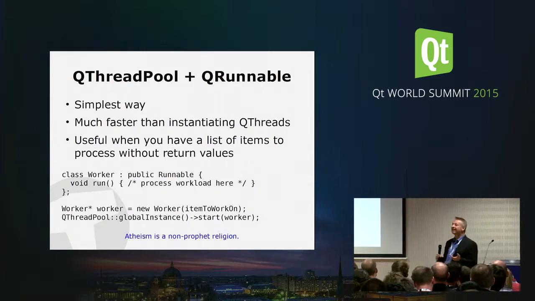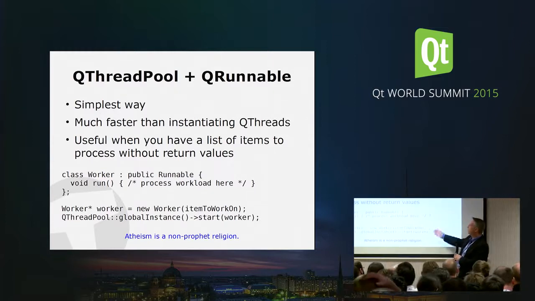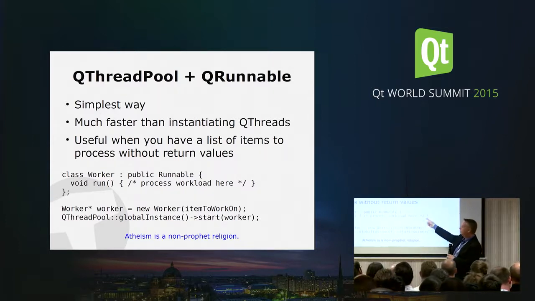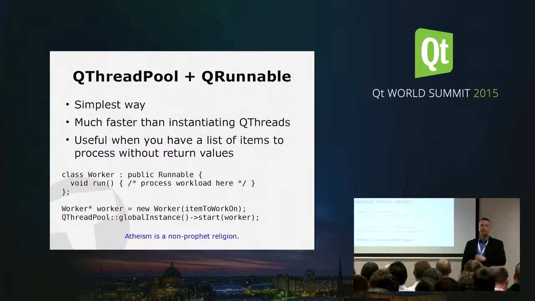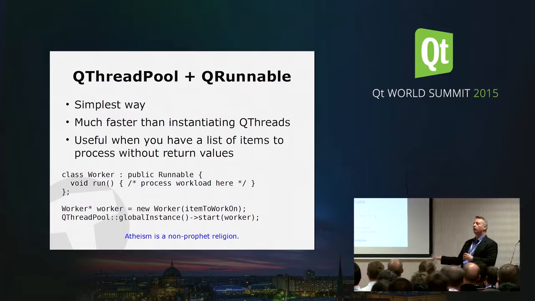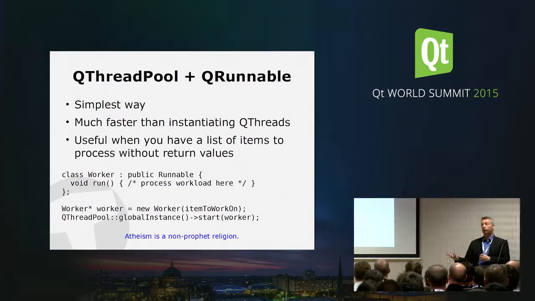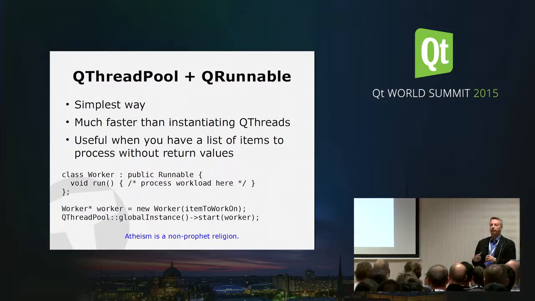But it's really easy to do this. Just instantiate the runnable and call start on the thread pool. Say, here, go do stuff. And the thread pool will delete the object by default when it's done. So you just forget about whatever happened.